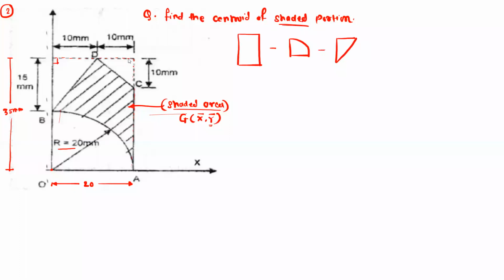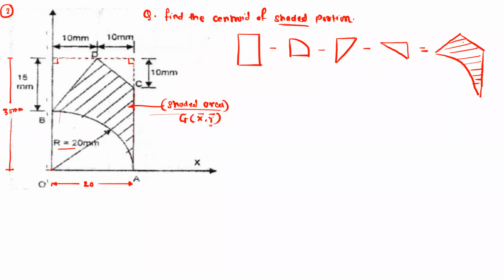And again, we have to subtract this right angle triangle having the dimension 10 and 10. Then we will get the required geometry, which is the shaded area.